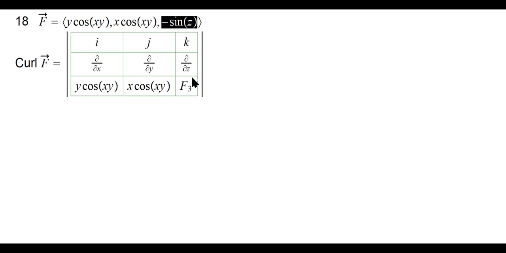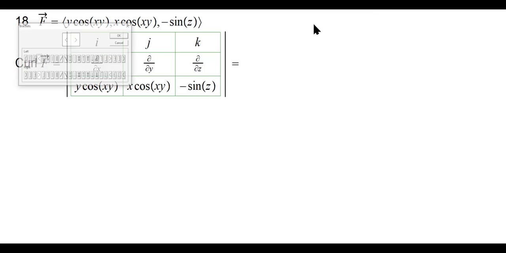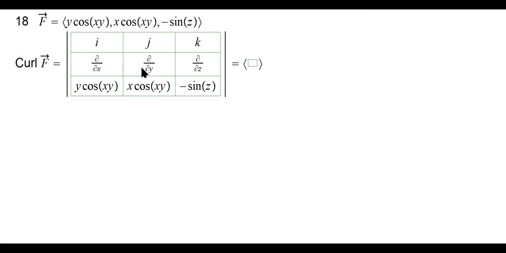Okay, and there we go. So let's write the value of this. First, d/dy of sine z is 0, right? Then when we look at d/dz of x cosine xy, that will also be 0.